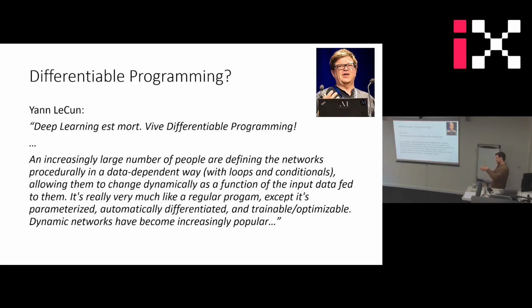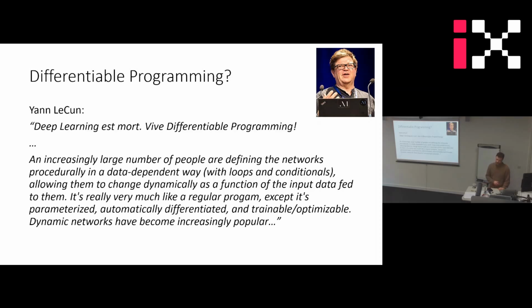Conditionals mean you have to split the computational graph, and you have to be able to handle that. So differentiable programming, one way of putting it, is that it can handle all those contingencies that you will see in a real program. And what's really nice about it is that by making it very agnostic to what the program is doing, you can now get the derivative of any program, even one that's not a neural network at all, even one that calculates the answer to a differential equation.